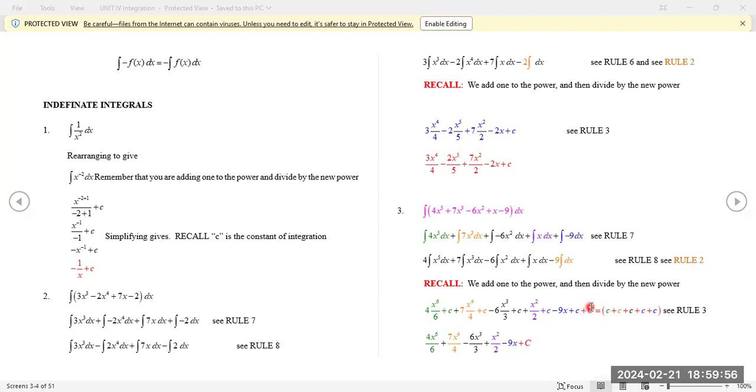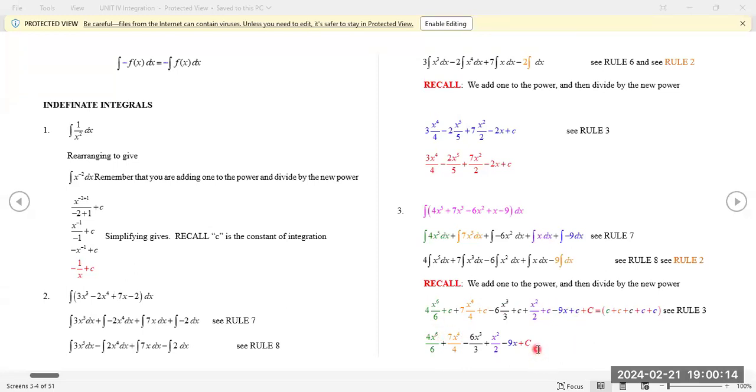So that's why in example number 2, I could have just written one c, because a constant is a constant is a constant. But I spelled it out right here because I want to show you that when I do the individual terms, I get a little piece of c, and another little piece of c. When I add up all the c's, I just get a bigger c.